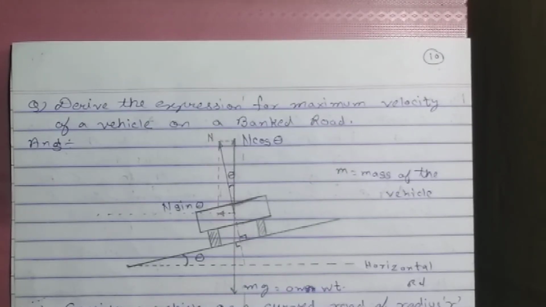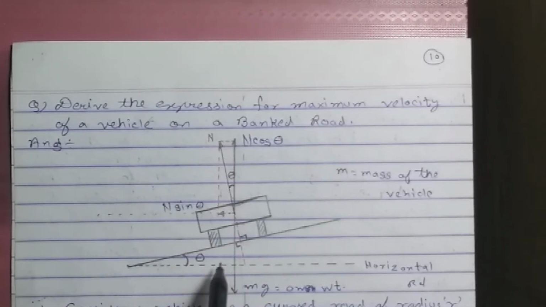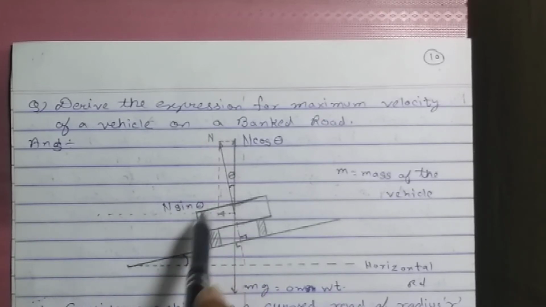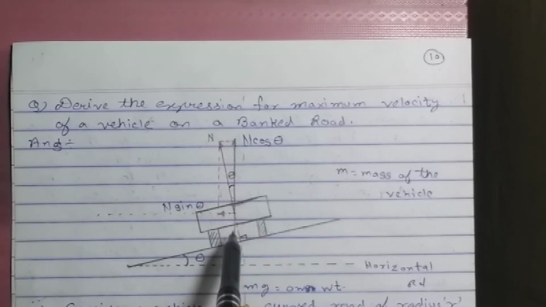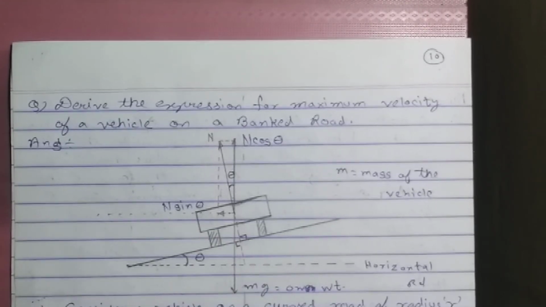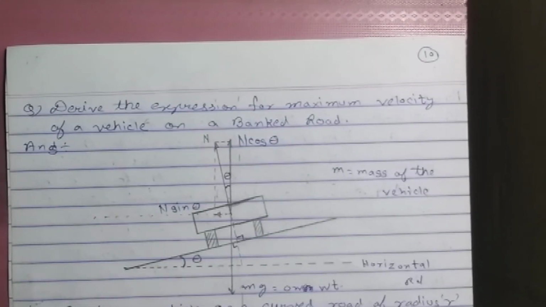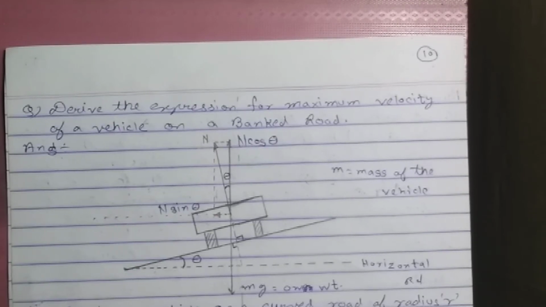The horizontal component N sin theta will help to move this vehicle along the banked road, which is a circular track. So N sin theta will provide the necessary centripetal force.